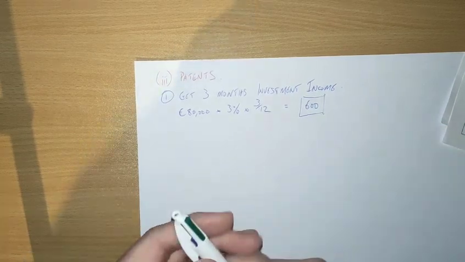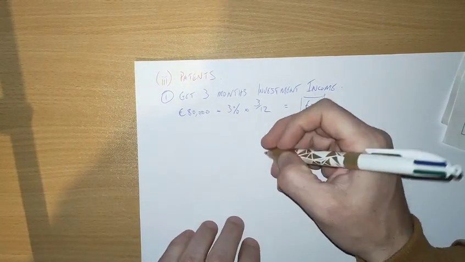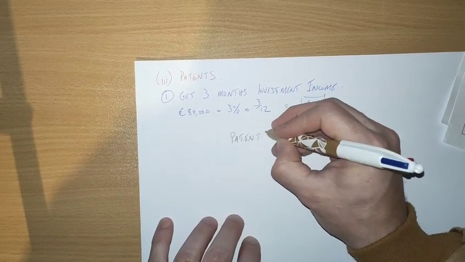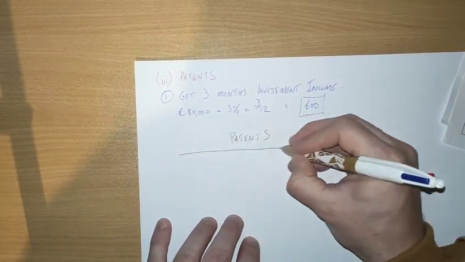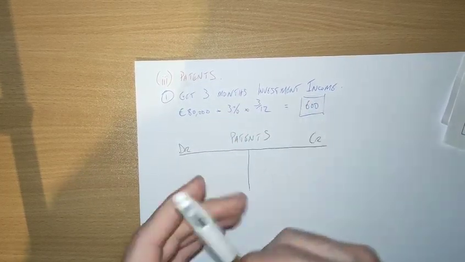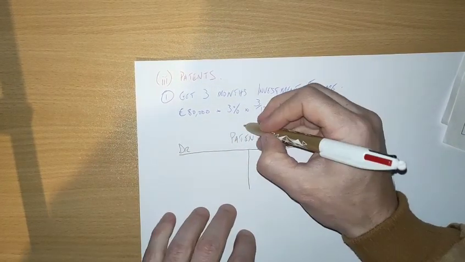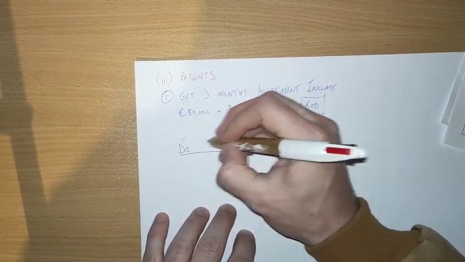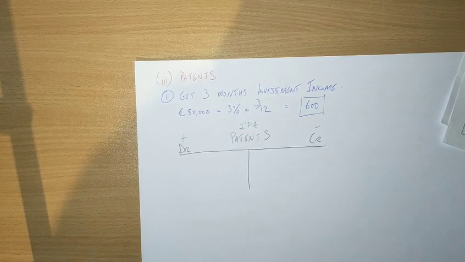So what we do next is draw up the patents account. We'll do it right underneath here. Patents are an intangible fixed asset. So there you go, that's how we label it.